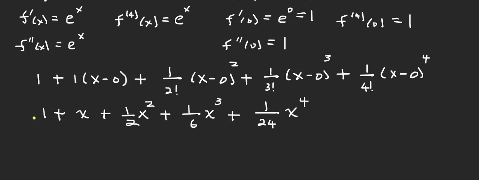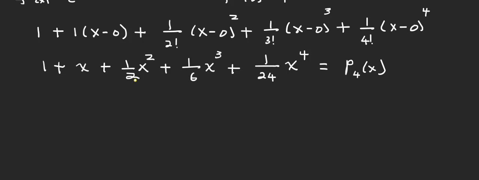So this is the fourth order Taylor polynomial for e to the x. And we use P of 4 of x to represent that this is the fourth order Taylor polynomial for a given function. Also, instead of 2, 6, 24, you could just leave it as 2 factorial, 3 factorial, and 4 factorial.